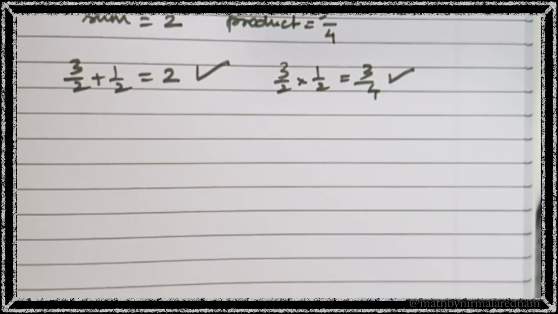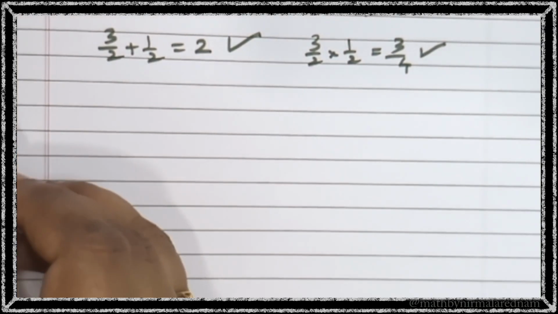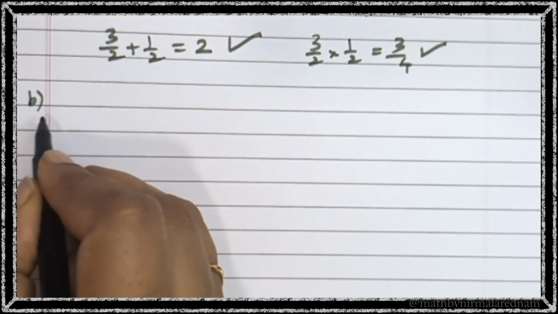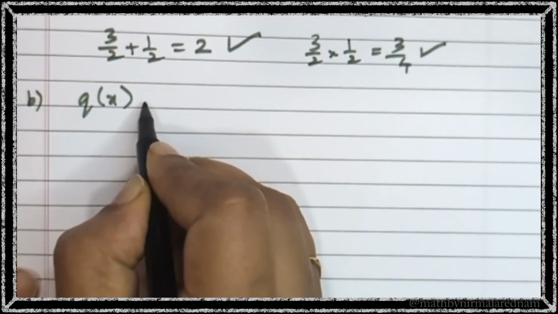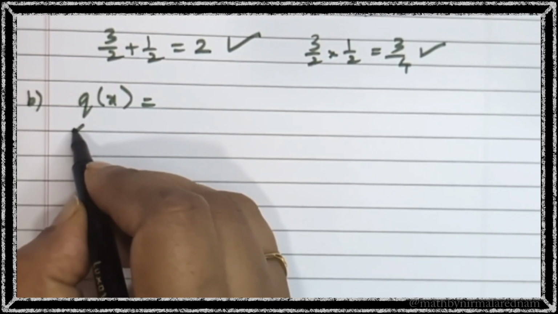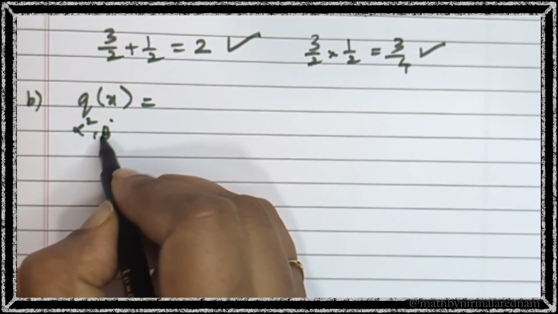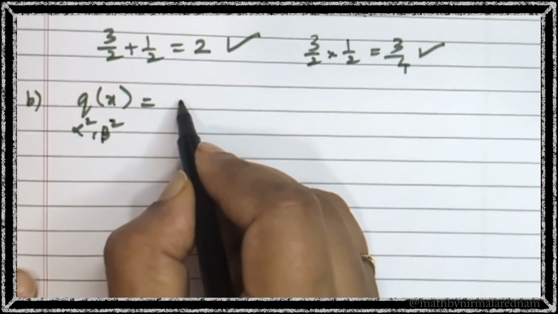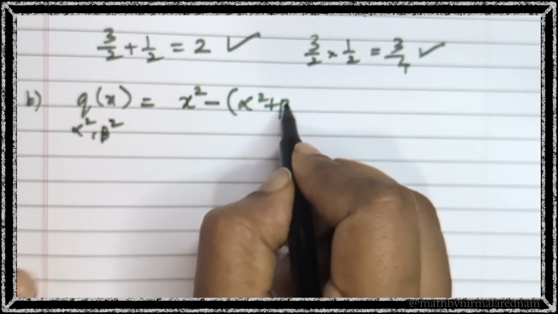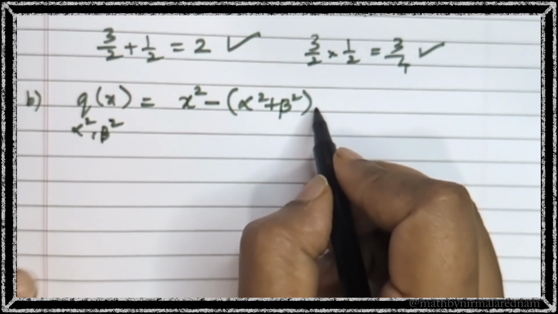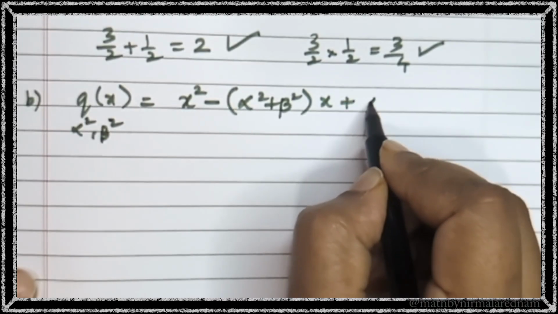Okay, so first of all, what we are interested in is forming a polynomial whose roots are alpha square and beta square. So if the roots are given to us, we know that the polynomial is x square minus sum of the roots, which is alpha square plus beta square, x plus product of the roots.